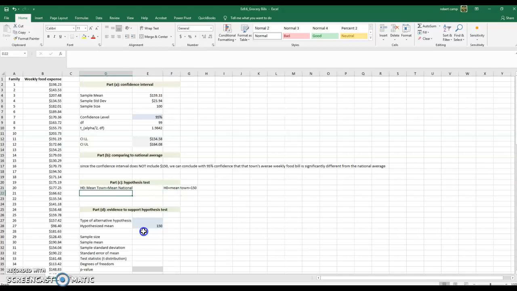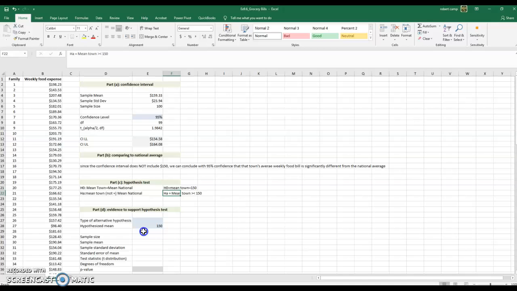What is our alternative hypothesis? That the mean town is not equal to the mean national. So the alternative hypothesis is that the mean town average is either greater than or less than $150.